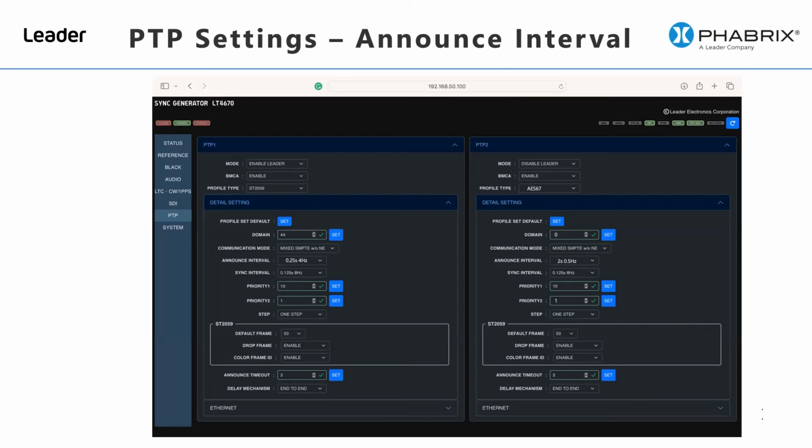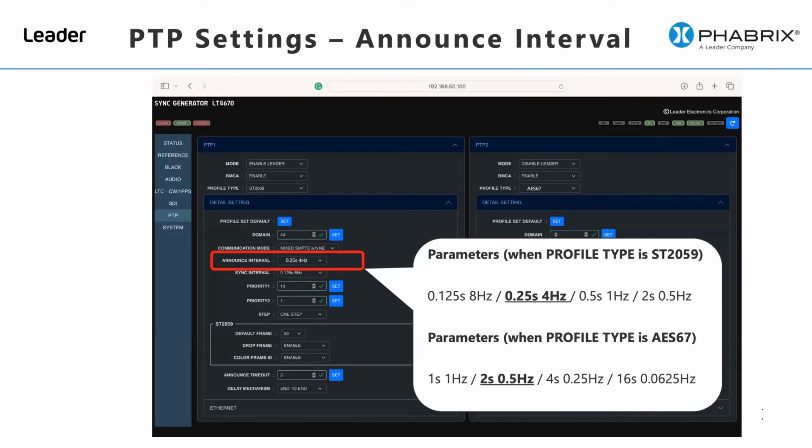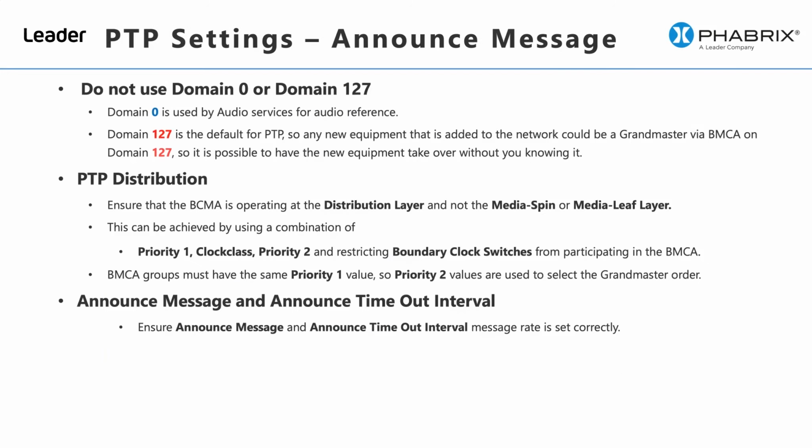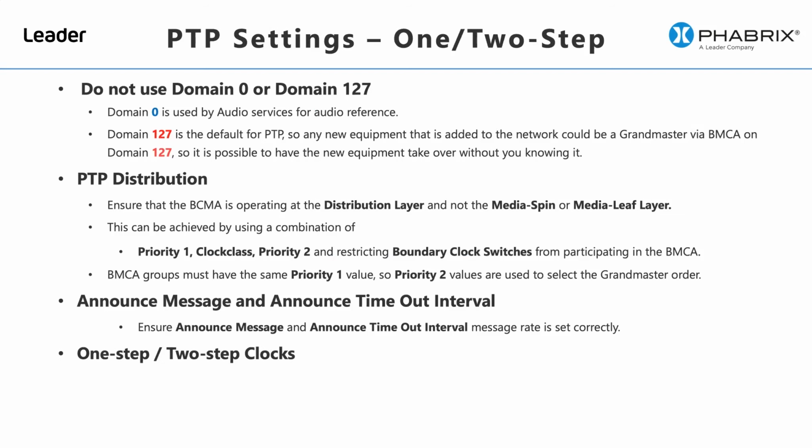Again, this is set up on the sync pulse generator with PTP, and the parameters can be set for profile type ST2059 and profile type AES67. Ensure that the announce message and announce timeout interval message rate is correctly set on all devices on your network, including your switches.